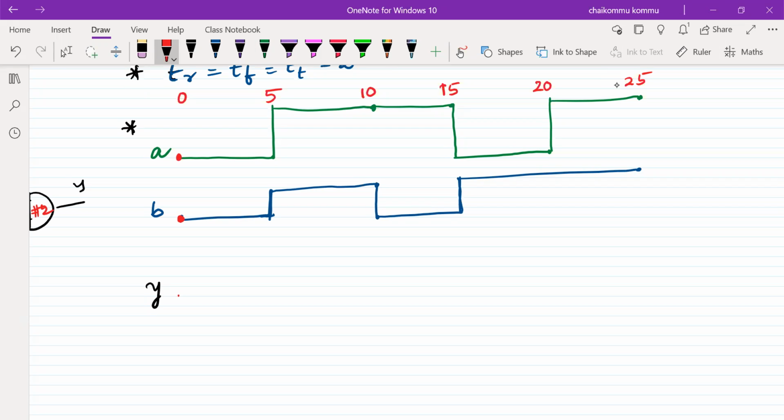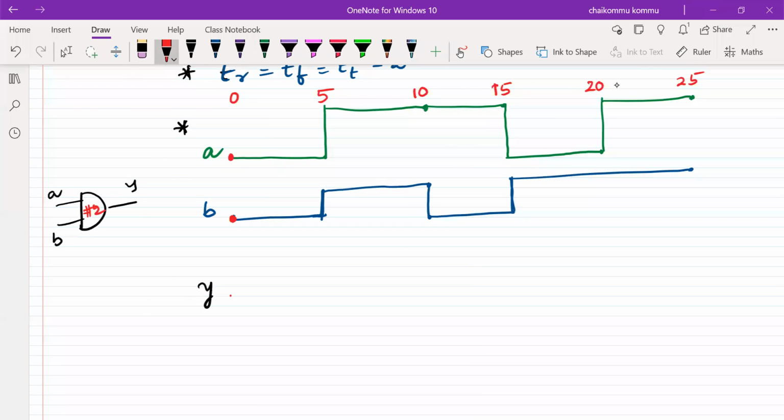Because it takes some amount of time. This 0 is a low value, which means it is a fall delay. It takes some time, and only then will it produce an output signal. Therefore, up to 2 nanoseconds of time we don't know whether the value is 0 or 1.